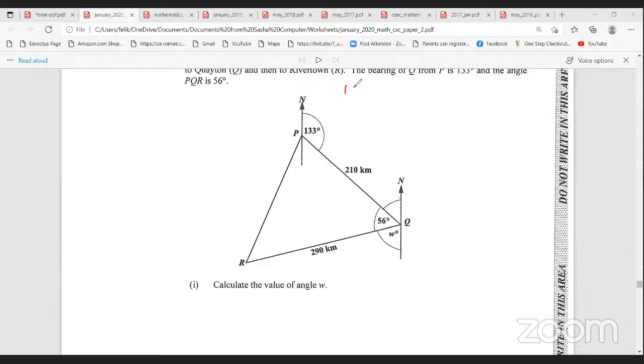The side that we're trying to find, it's not RQ, it's RP. So we're trying to find RP. Looking at the triangle, you're trying to find a side in the triangle, start thinking Pythagoras, trig ratio, sine rule, cosine rule. Which of them would you use here and why?